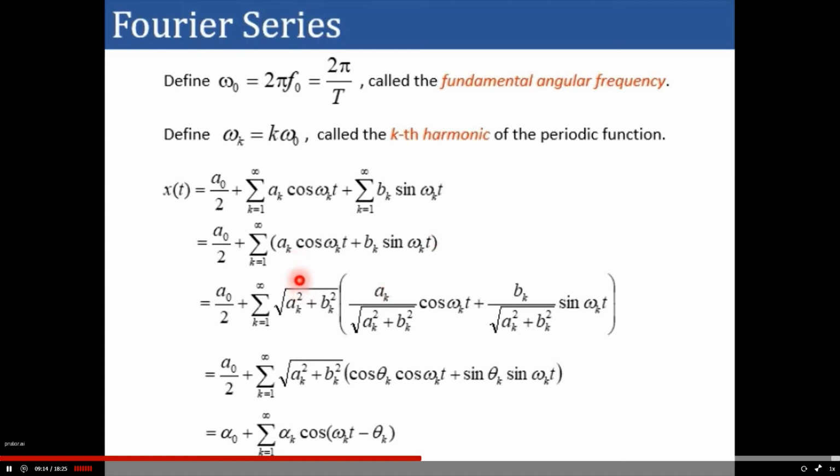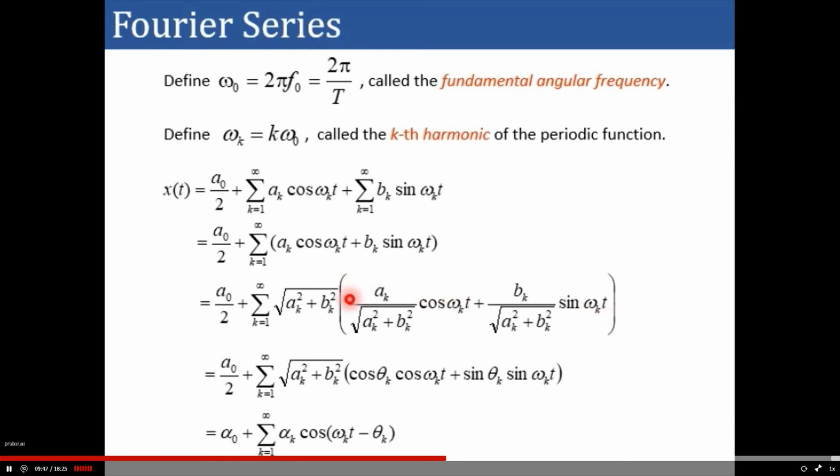Now if we multiply and divide by root of a_k square plus b_k square, then we can write the above expression as a naught by 2 plus sigma k equal to 1 to infinity root of a_k square plus b_k square, and in the bracket we will have a_k upon root of a_k square plus b_k square cos omega k t plus b_k upon root of a_k square plus b_k square sin omega k t.